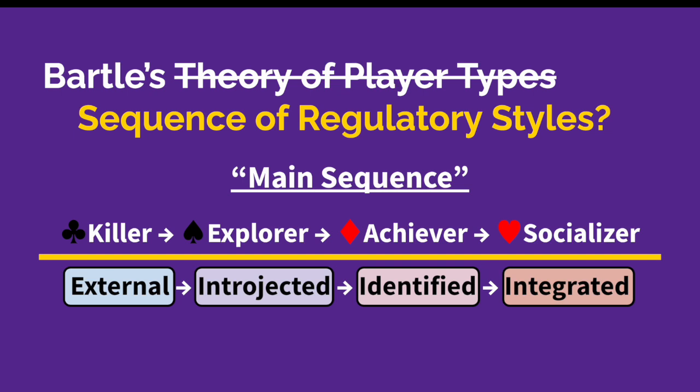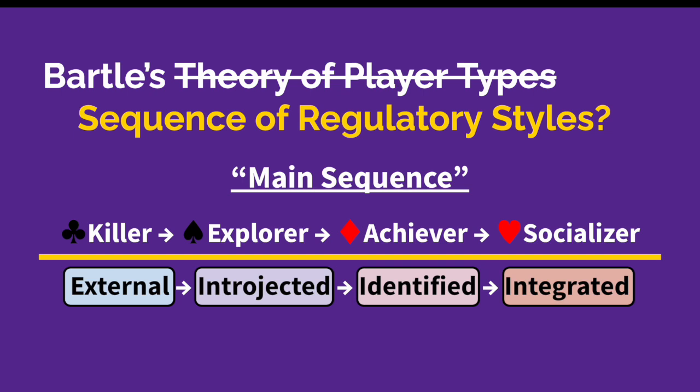I believe that what Bartle accidentally reverse engineered is the self-determination theory model of regulatory styles, which you might remember from the readings back in level 2, which describe how the balance between extrinsic and intrinsic motivation, and how those are integrated with each other or not, in individual cases.